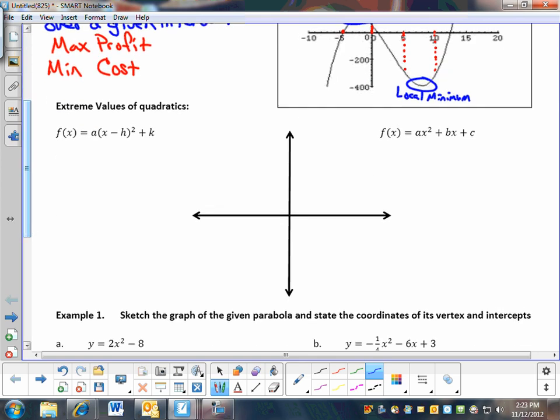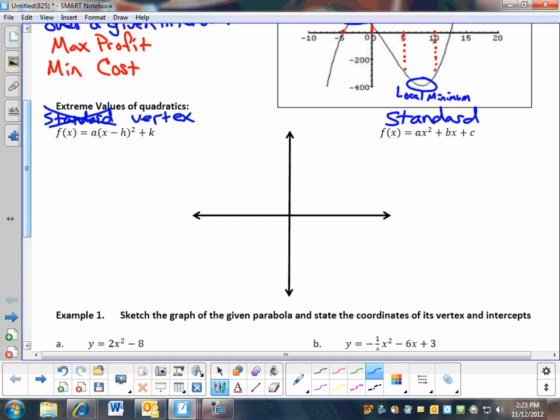Quadratics have extreme values. There's two types of quadratics we want to look at. This one is referred to in your book as standard form. It's the only book I know to refer to it as standard form, so cross that out. We call it vertex form. We call this standard.